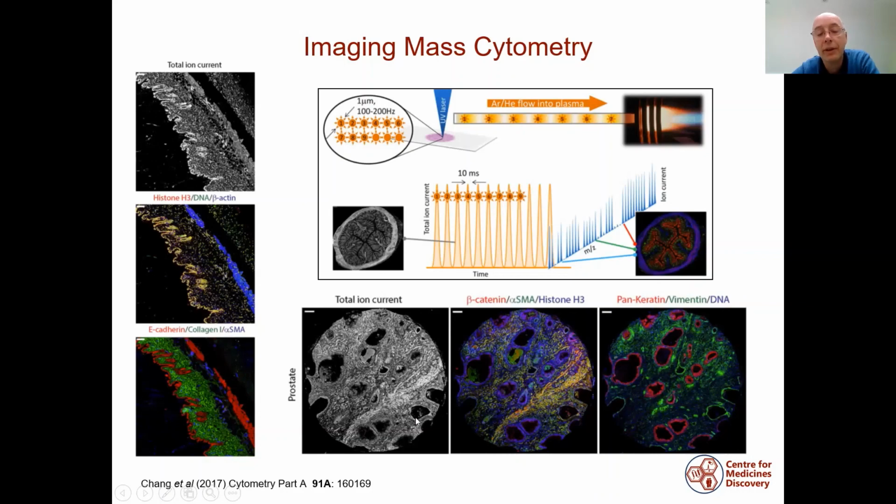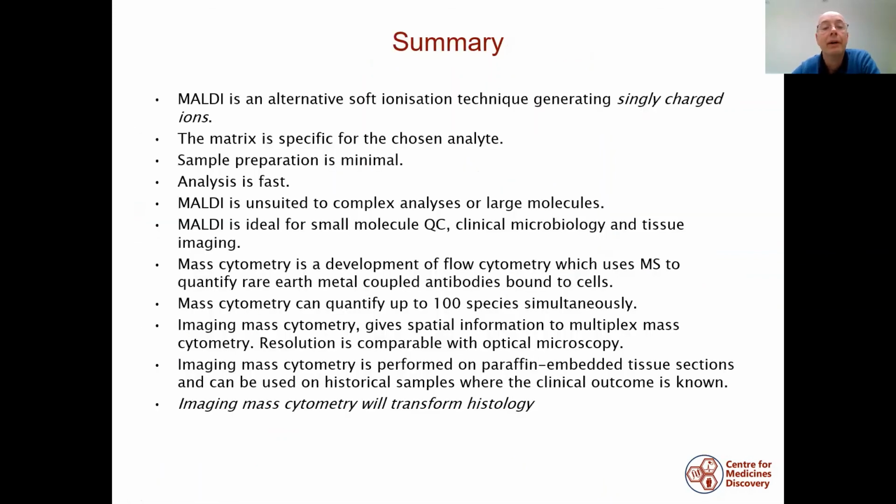This is a section. This is the total ion current. Again, we've got beta-catenin in red, histone H3 in blue, and alpha SMA. And then here, a different selection of 3 different proteins: pankeratin, vimentin, and DNA. So there are lots of advantages to this particular technique.